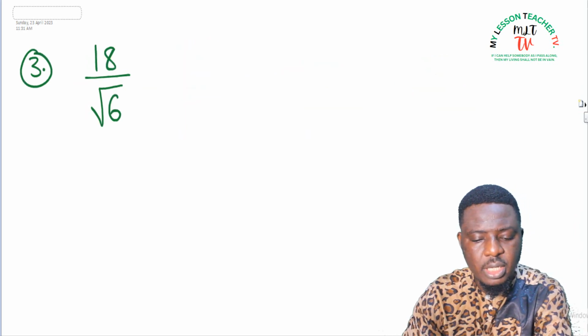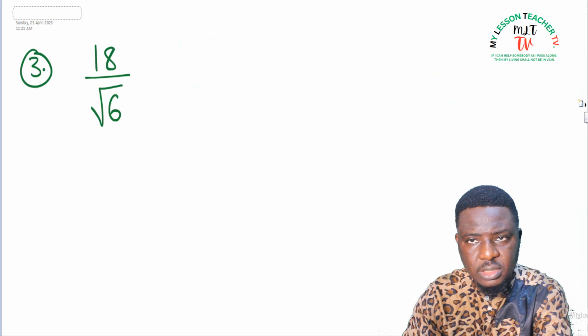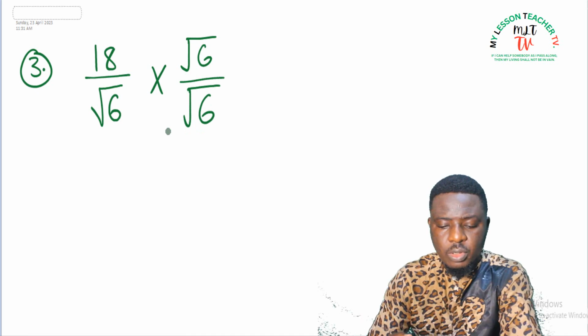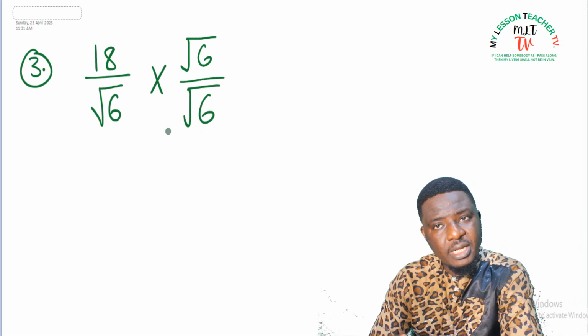Question 3, 18 divided by root 6. You can join me in doing this. We then multiply both the numerator and denominator by root 6. So this becomes times root 6 divided by root 6. You know root 6 cannot be simplified further.